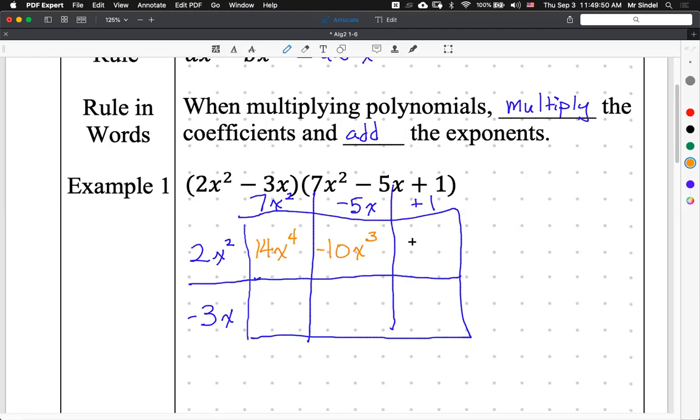1 times 2x squared. Mr. Sindel, your sound's kind of, you can't really hear you. Your sound keeps dying. Okay, I'm going to try. This Mac is just killing me. All right. Can you hear me through this now?